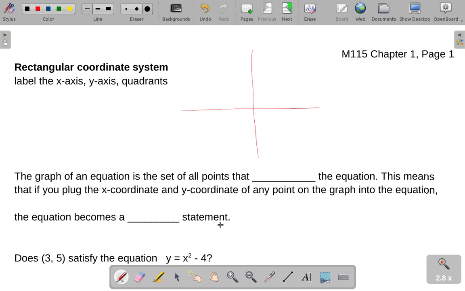Alright, so when we're starting, we're going to start right off the bat with graphing. And when we're talking about graphing, I mean graphing on a rectangular coordinate system. We'll have the x-axis, which is the horizontal axis, and the y-axis.